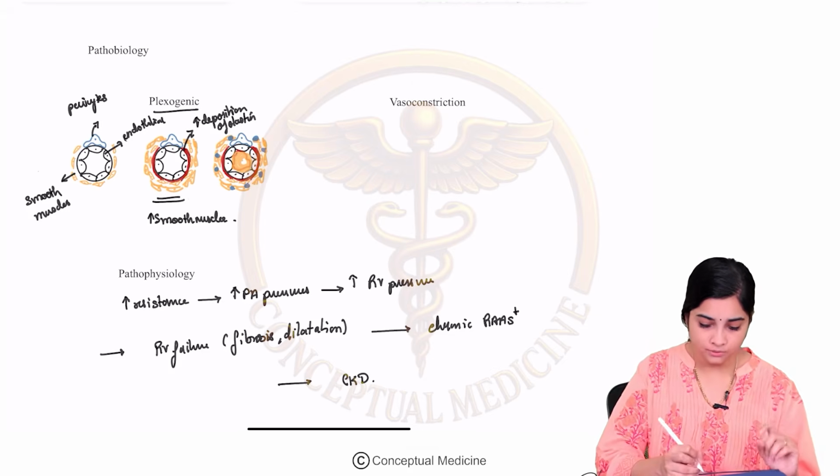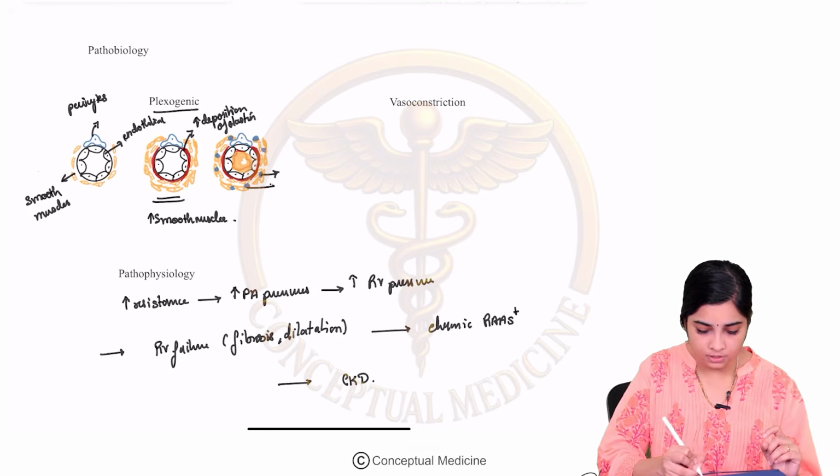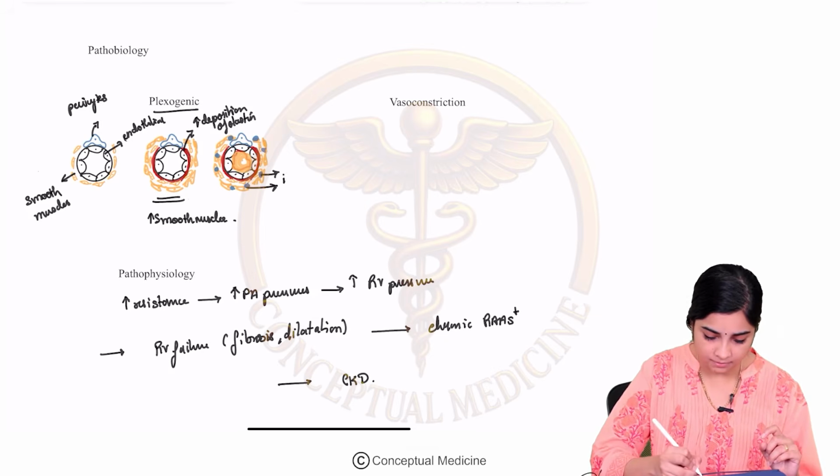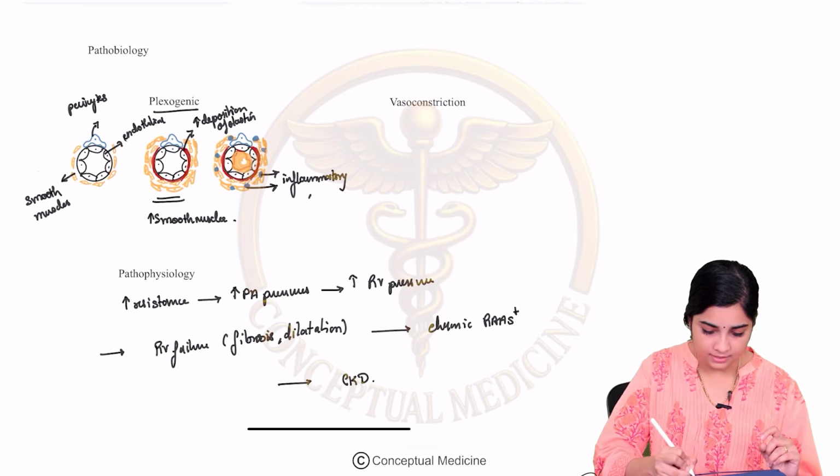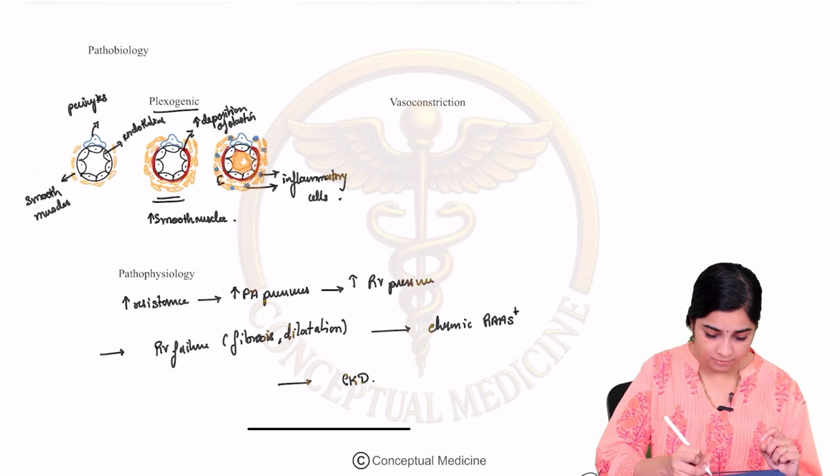Apart from that, over the course of time, you can see these markings in blue are nothing but inflammatory cells. You can also have formation of certain channels within the smooth muscles, which are called endothelial channels.